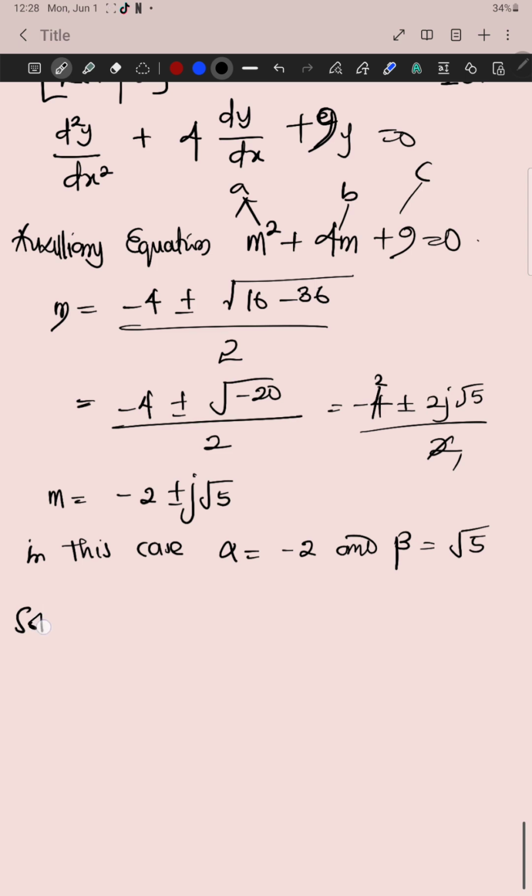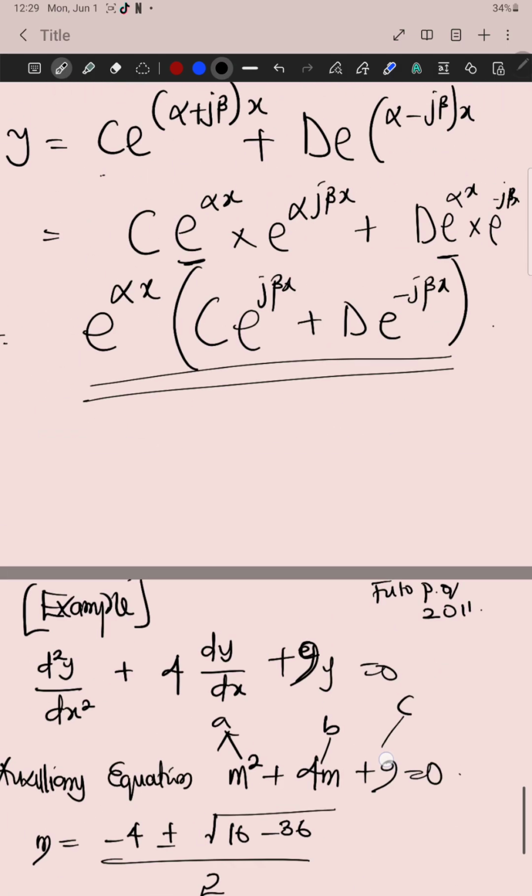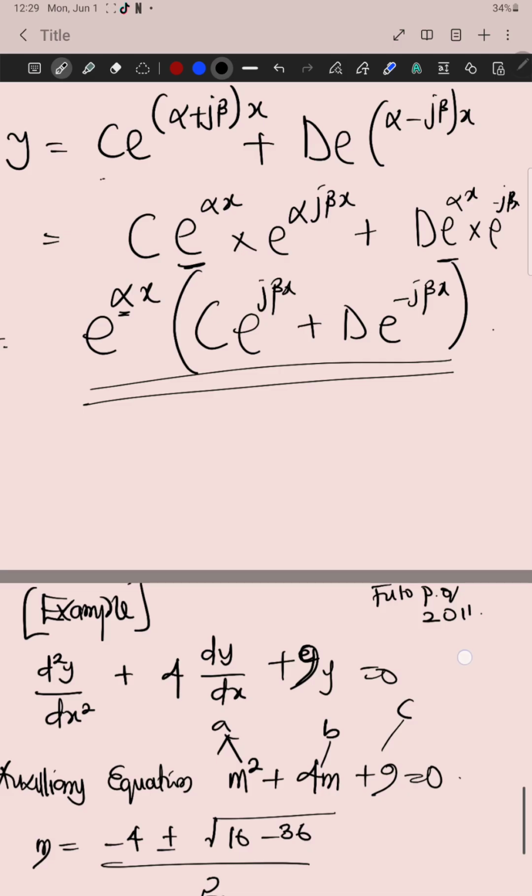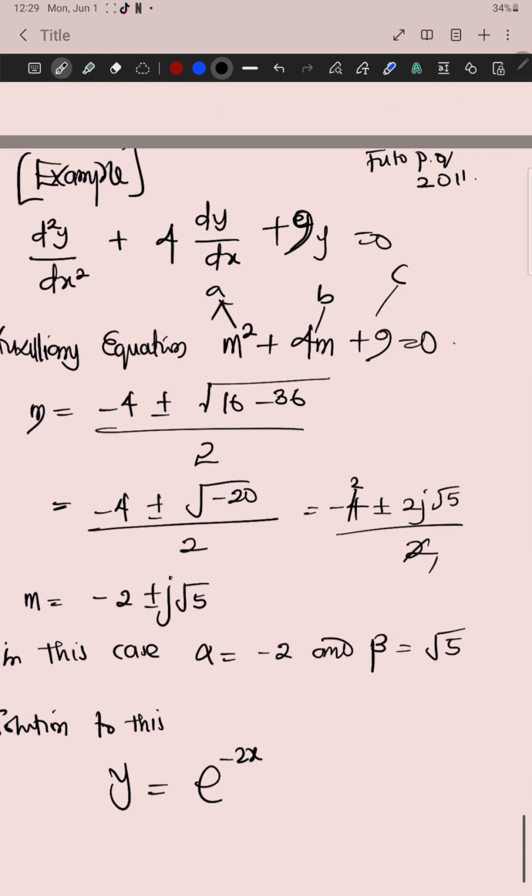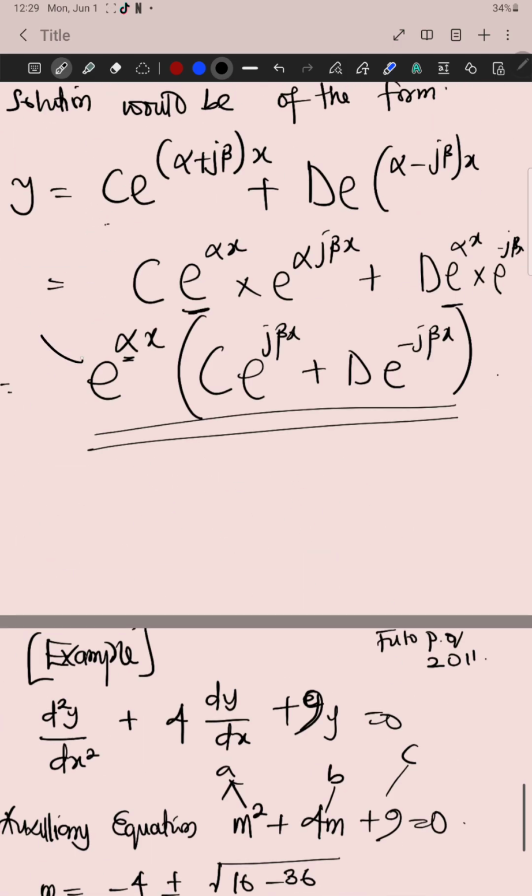So what do we do? The solution to this will now be y is equal to e to the power of negative 2x. You see that? That's what I have written here. What is your a? Your a is minus 2. That is why it is here.